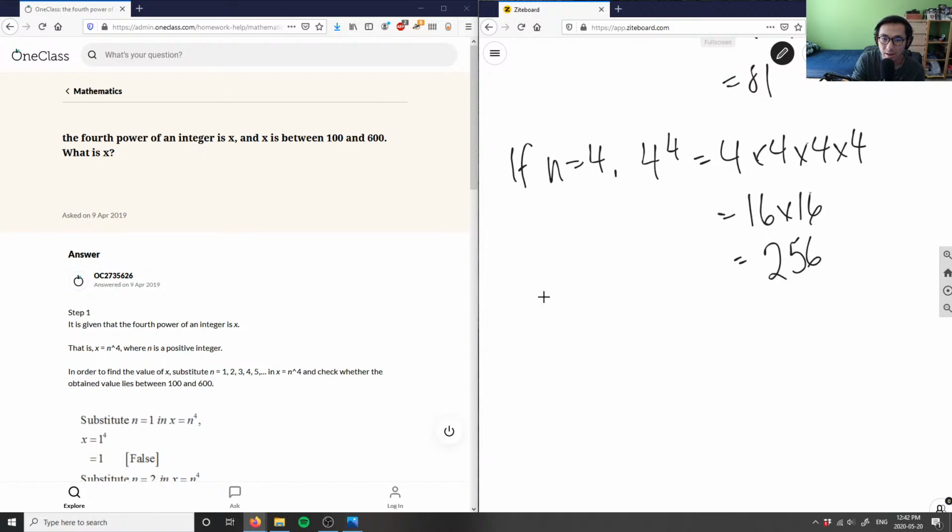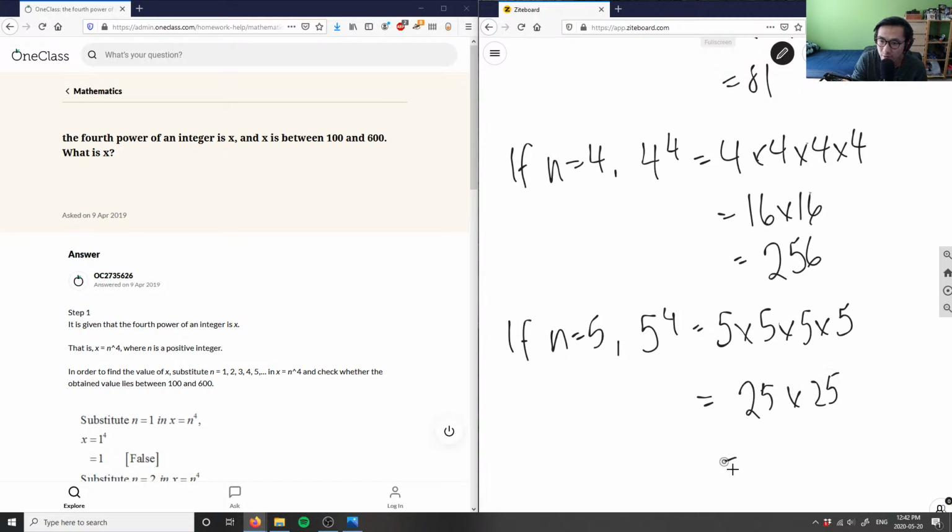But let me check n equals 5. 5 to the power of 4 is 5 times 5 times 5 times 5, which is 25 times 25, which I believe is 625. This falls outside my range of 100 to 600, so this one is false, and n equals 4 is true.